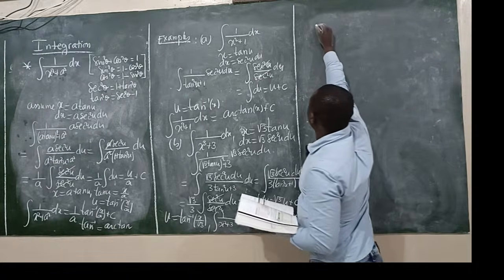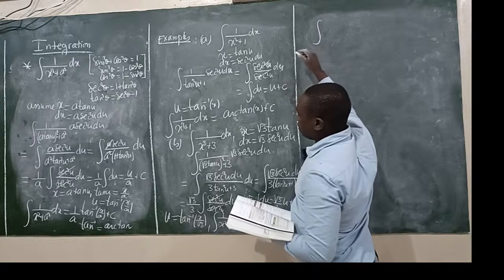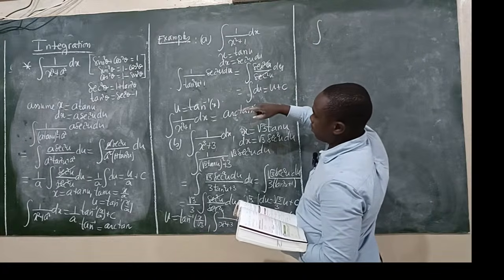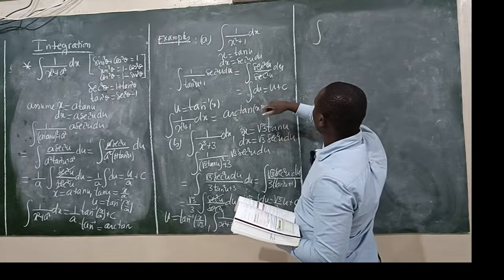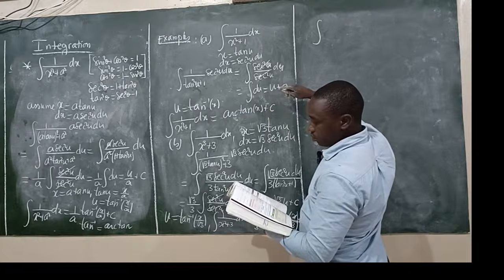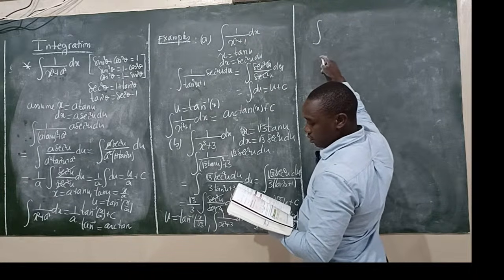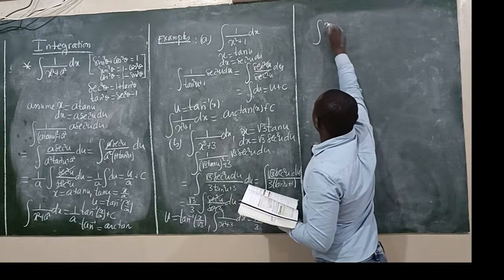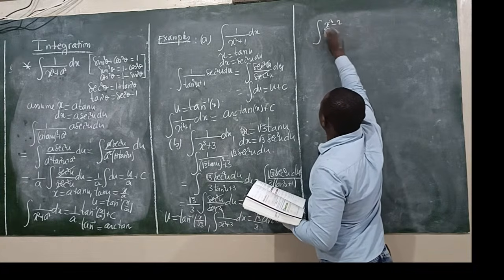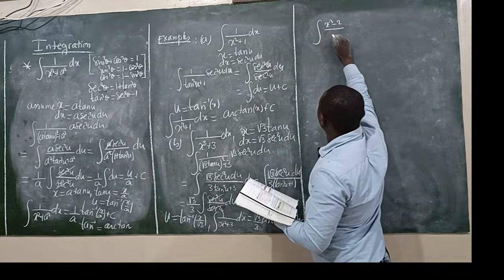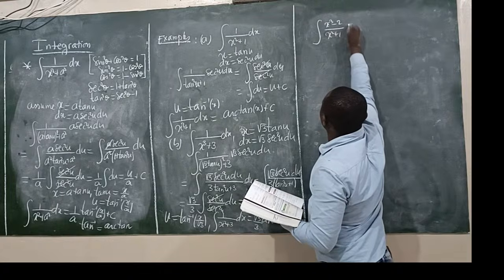We have the integral, an example where the numerator is bigger than the denominator. Here is x to the power 3 minus 2 divided by x squared plus 1 dx.